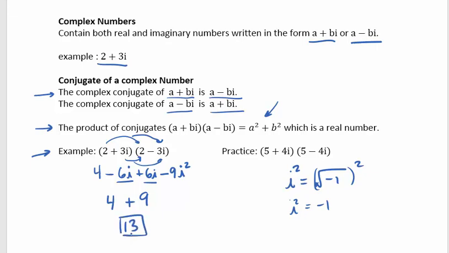Just like we discussed: a plus bi times a minus bi gives me a squared plus b squared. Here, 2 squared is 4, and 3i times negative 3i is positive 9. All right, let me erase this over here.